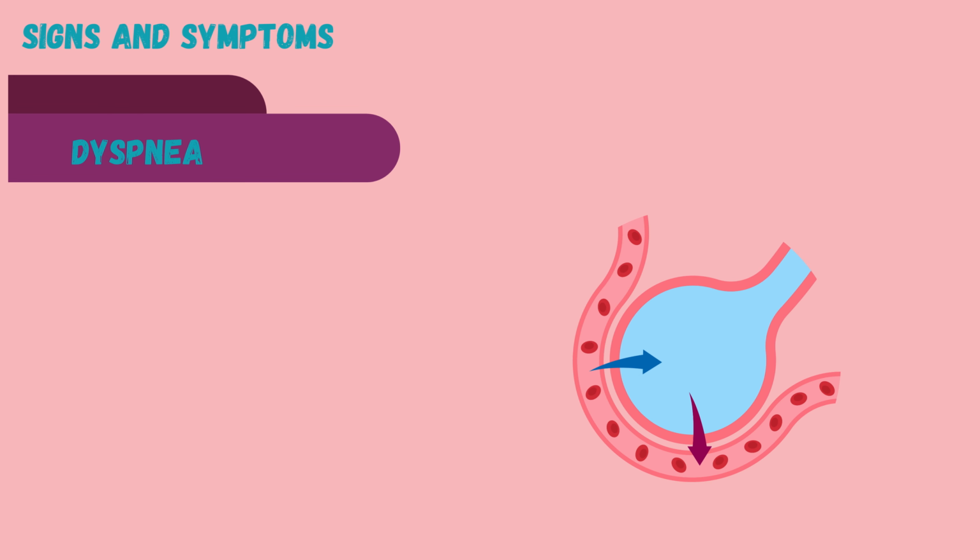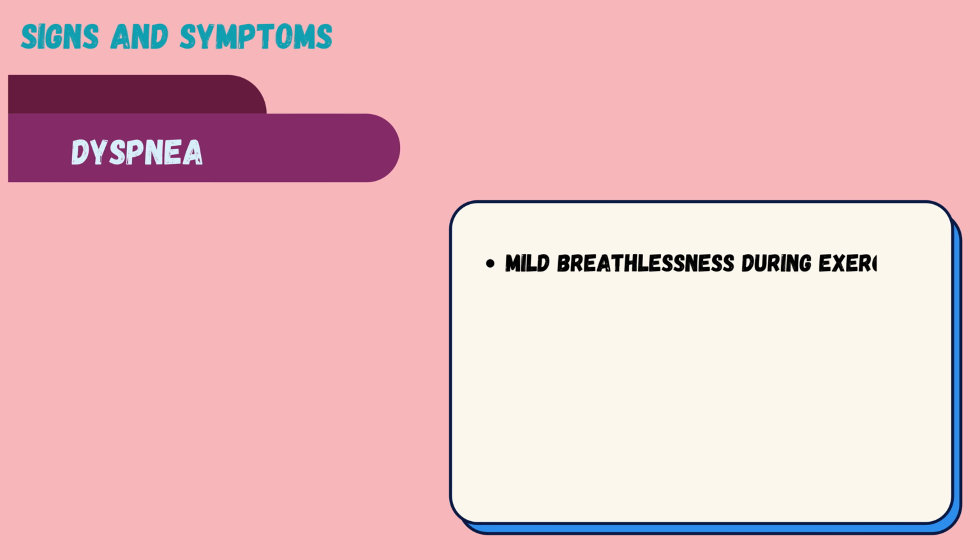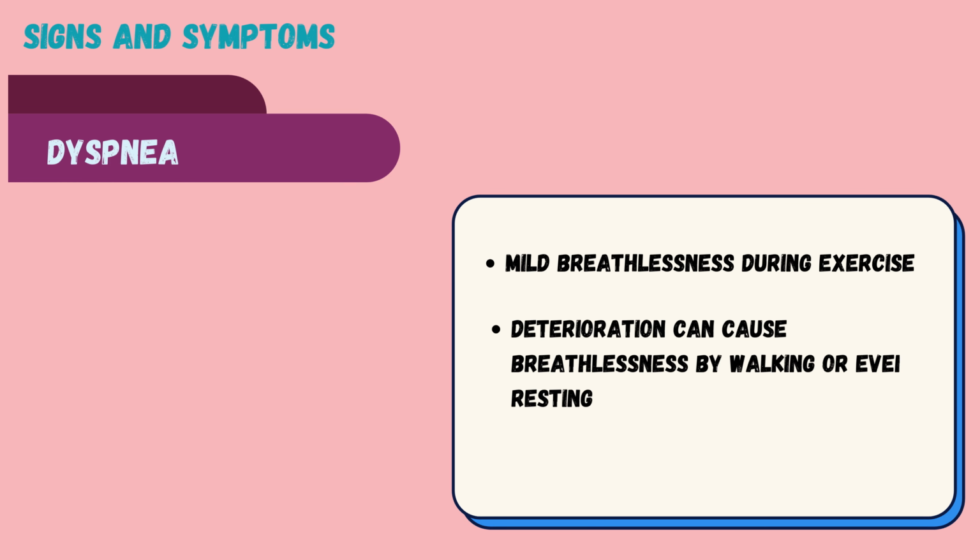This is why patients often feel out of breath, especially during physical activities when the body demands more oxygen. How does it present? It often starts as mild breathlessness during exertion, but as the condition worsens, even walking a short distance or resting can cause breathlessness.